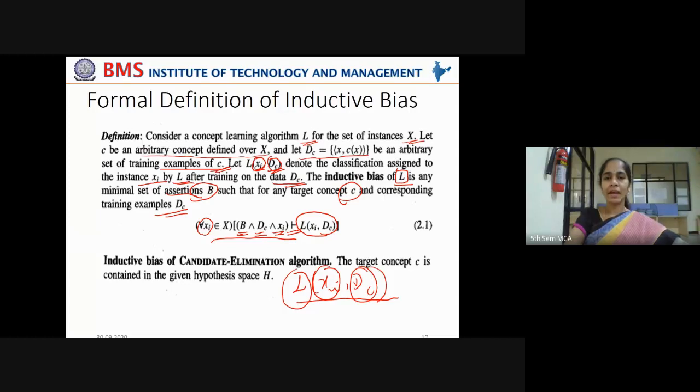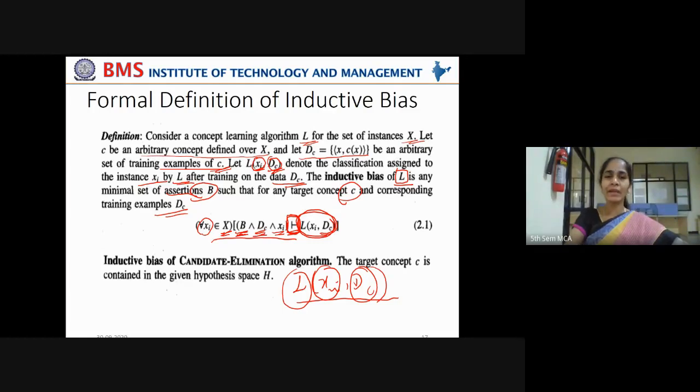Got it? I'm reading this once again. The inductive bias of L is any minimal set of assumptions B such that for any target concept C and corresponding training examples DC, mathematically, for every new instance that belongs to the instance set X, you can deduce the label of that new instance with the help of the assumptions made and learning from the training examples.